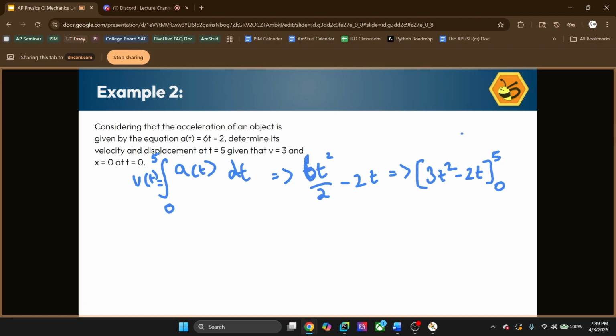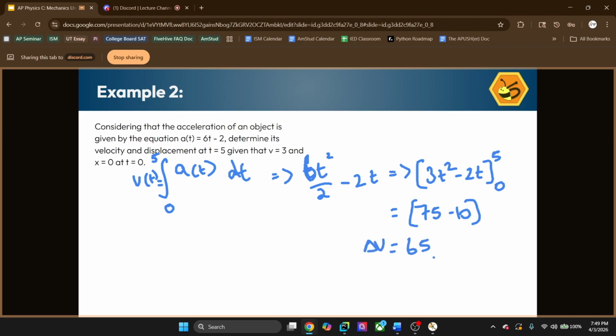Wait, apologies. You can find the change in velocity like this, but to find the equation, you don't apply bounds to it. To find the change in velocity, 25 times 3, that's 75 minus 10, and that's equal to 65.